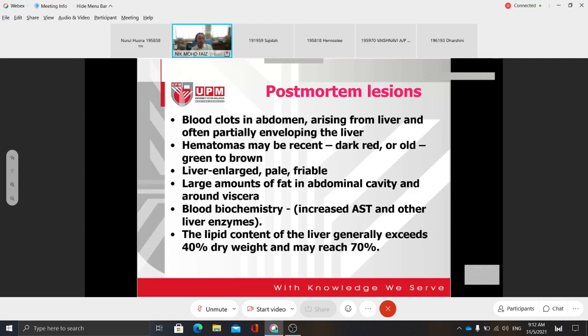There'll be a large amount of fat in the abdominal cavity and around the viscera, because you usually see this in overweight birds. Blood chemistry, which we don't really do a lot in chickens, but if you do, you'll see increased AST and other liver enzymes. If I'm not mistaken, you're taking CP this semester, right? Then you should know what AST and other liver enzymes are. Please revise your CP notes. The lipid content of the liver generally exceeds 40% dry weight and may reach up to 70%.